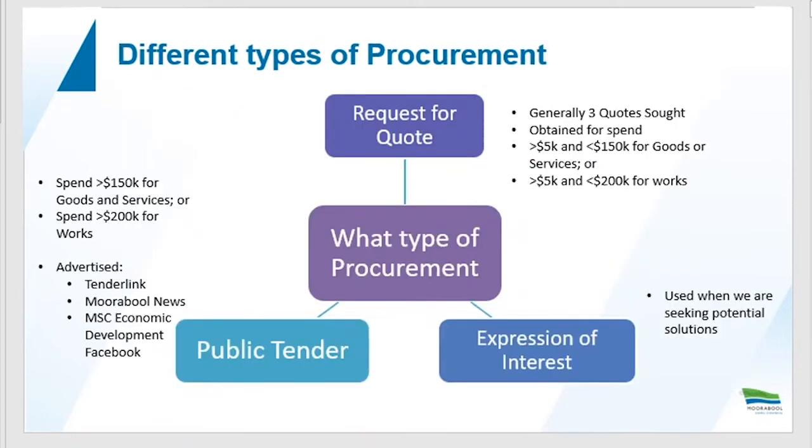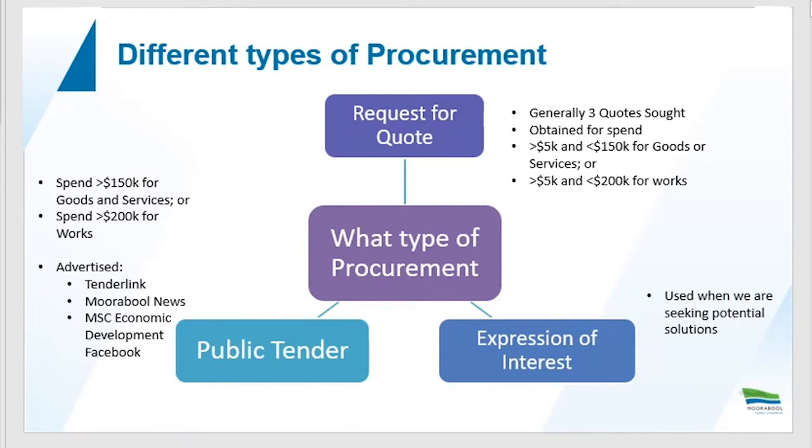So the different types of procurement, we have request for quote, which is when we normally seek 3 quotes from different suppliers, and it's normally within the spend threshold of $5,000 to $150,000, or $5,000 to $200,000 if the project's for works.